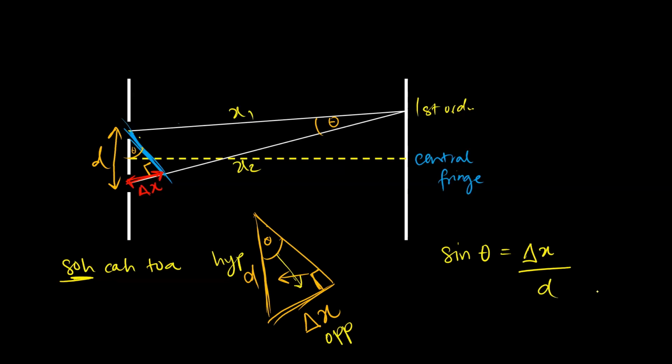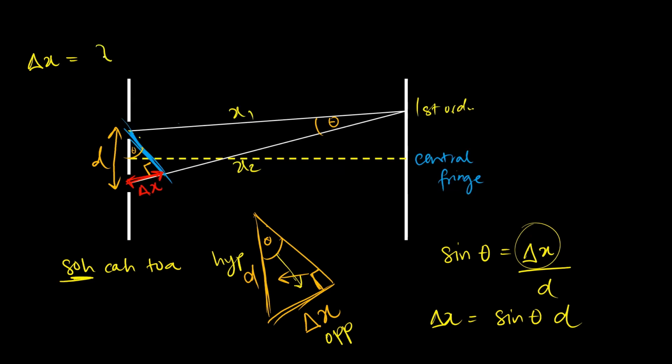If we rearrange this and make path difference the subject, the path difference would be equal to sine theta multiplied by the distance between the slits. Now, I mentioned earlier that the path difference is usually multiples of lambda, right?